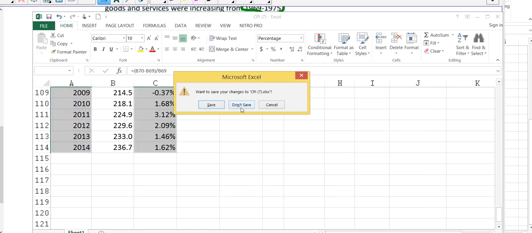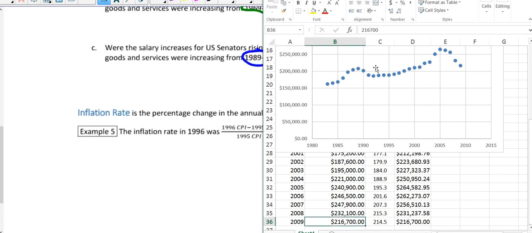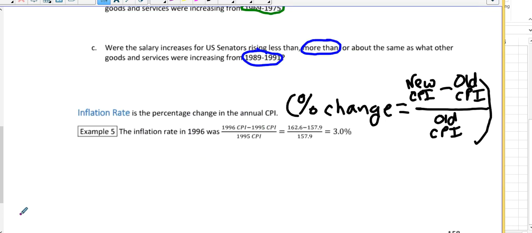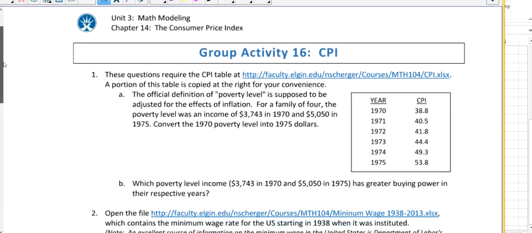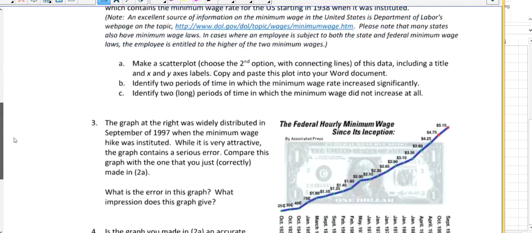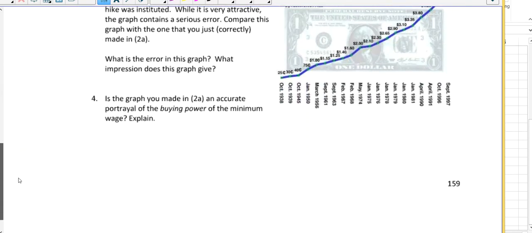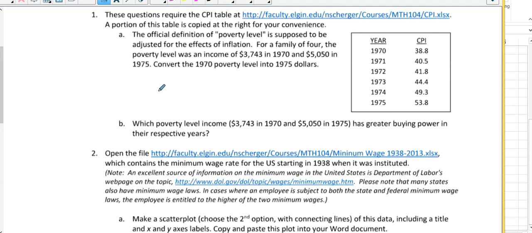All right, so you're going to be going on from here. You're going to be doing activity 16. And I think for my class, I'm going to have you do most of it. Number 1 is just converting by hand.